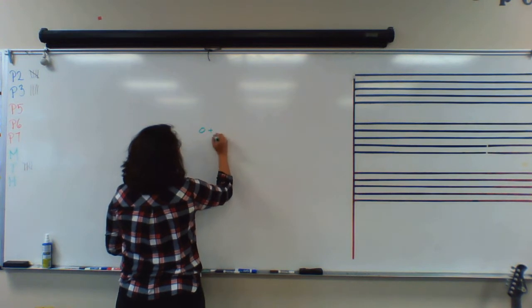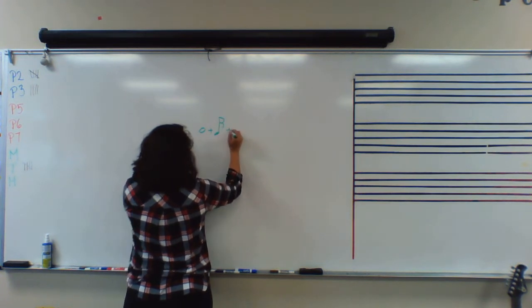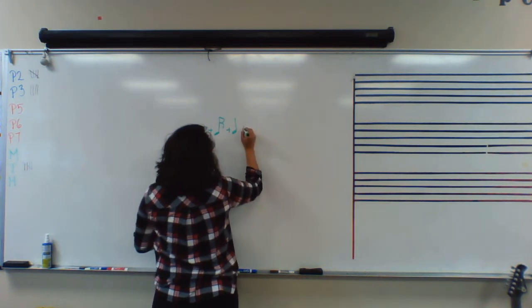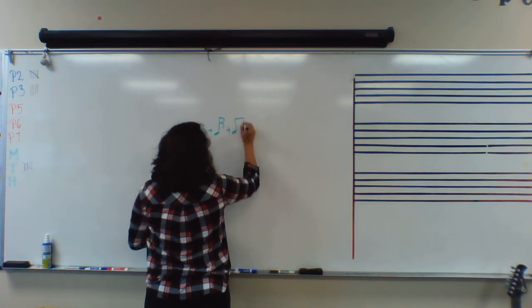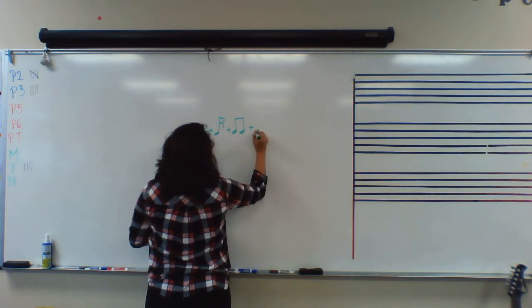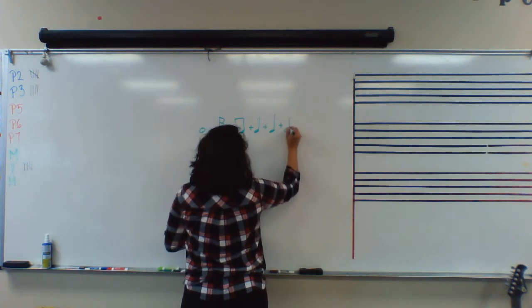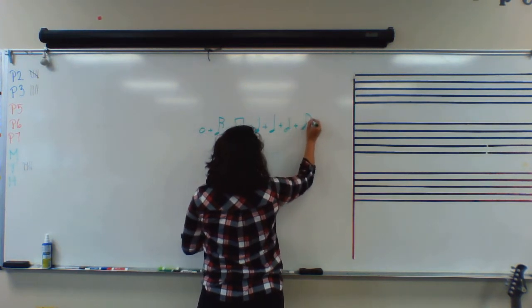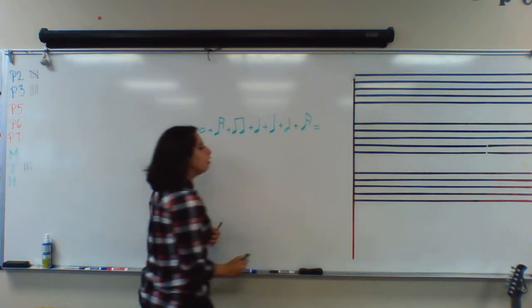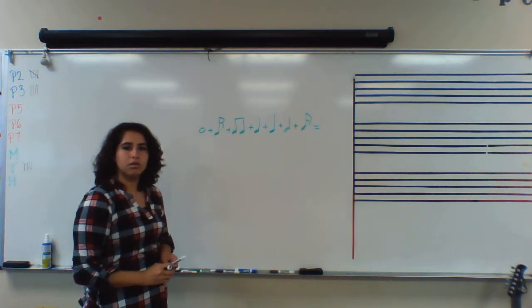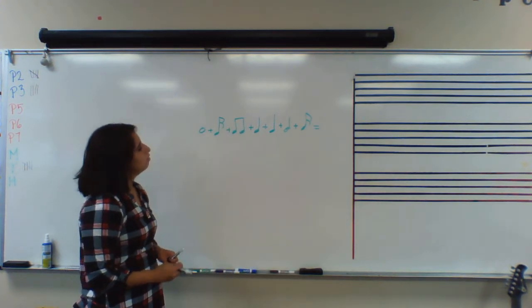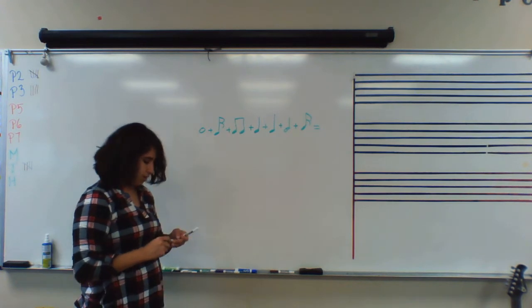Whole note plus a 16th plus a quarter. Oh no, it was 2 eighths. Plus 2 eighths plus a quarter plus another quarter plus a half note plus another 16th. What does that equal? Give you 5 seconds to figure that out.